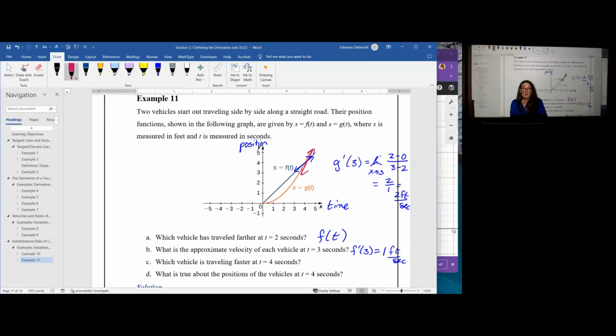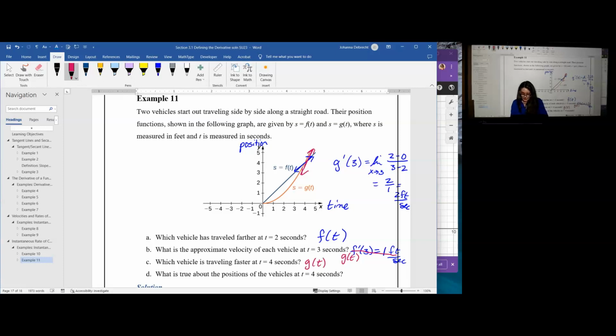Both lines are positively sloped, but again, g of t is moving much faster. So our answer for the second question was g of t. And the answer for C is also g of t.